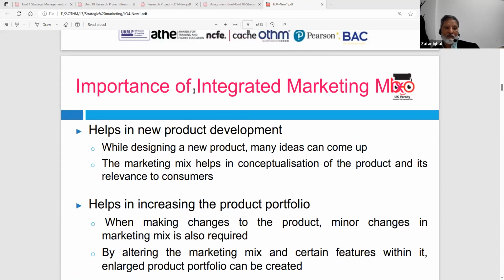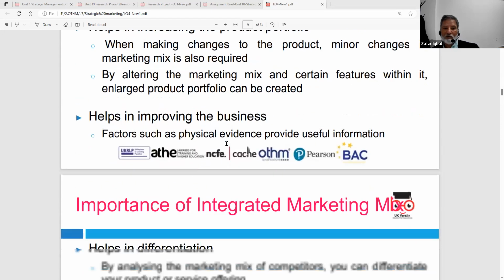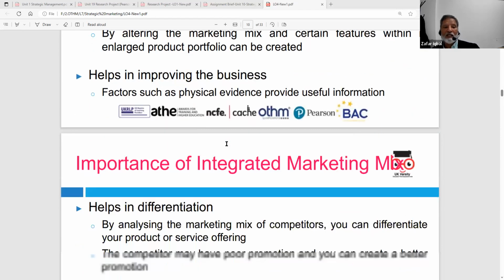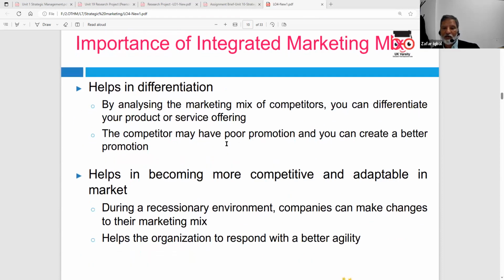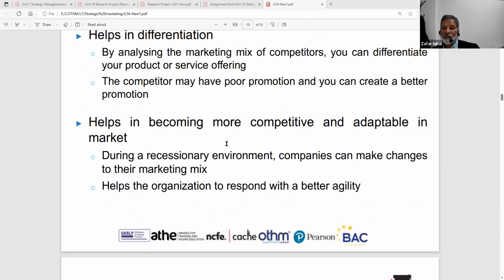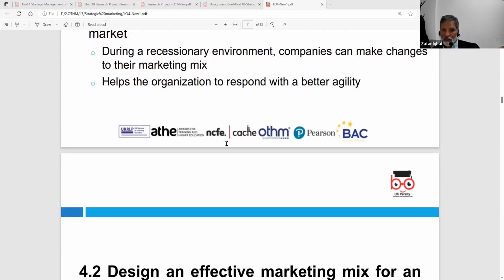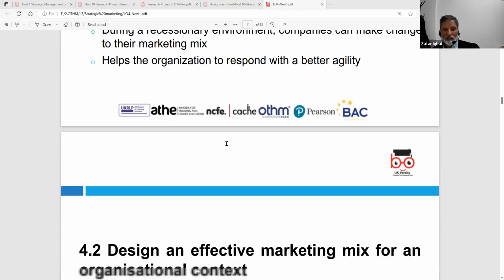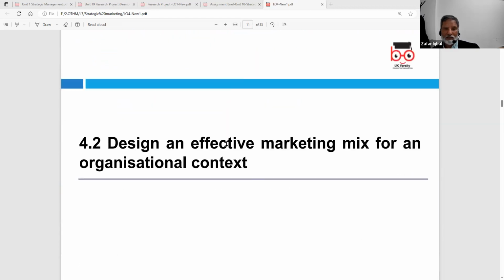So we must be able to look at these elements, and they help widen our product portfolio. They provide new product development. They improve our business, and they help in our differentiation so that we can become more competitive. That's why the integrated marketing mix helps the organization to respond with better agility and so on.